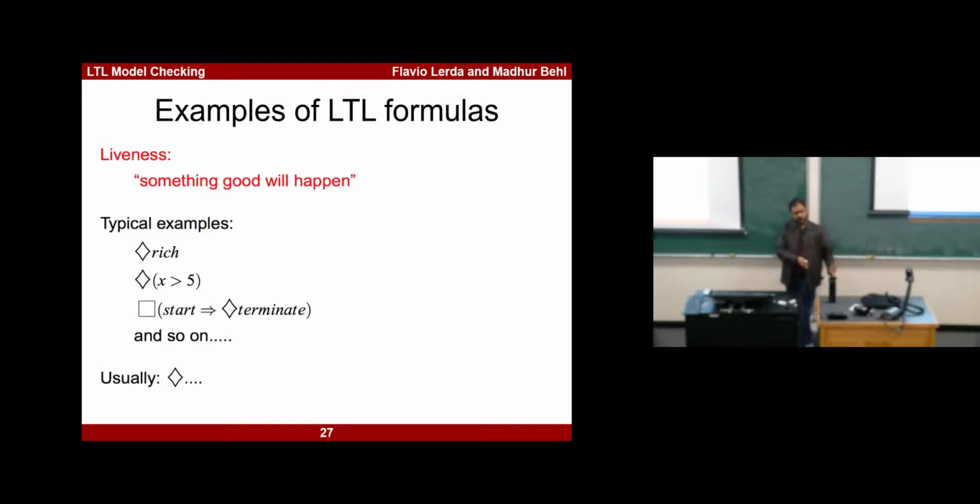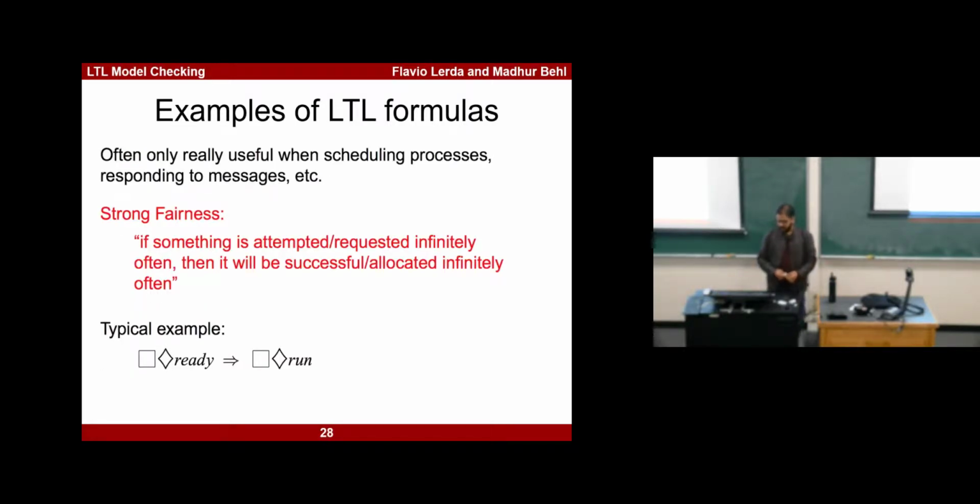And just like in systems theory, we have equivalent capacitance and resistances, here people have categorized the type of properties they see consistently occurring in different systems, right? So eventually, X will be greater than 5. Always, it must be the case that when something starts, it will eventually terminate. Something good will happen is a liveness property.